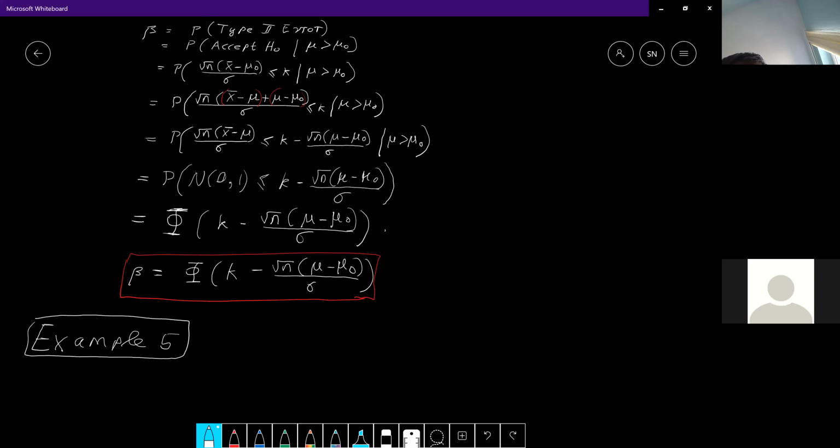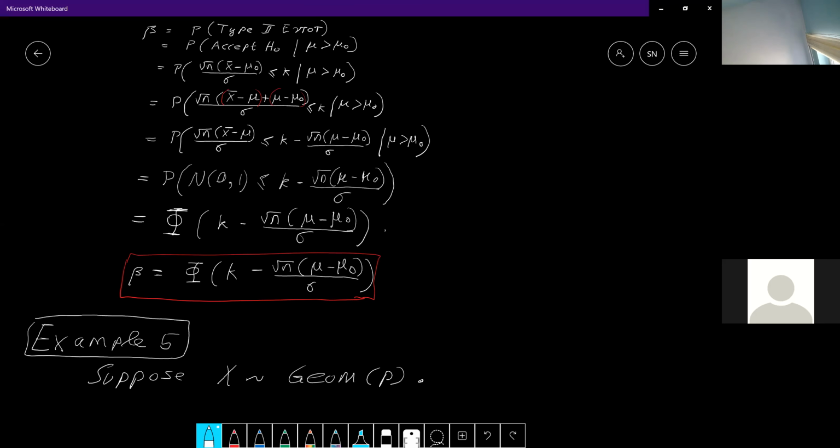All right. So here, suppose X has a geometric distribution with parameter P, right?